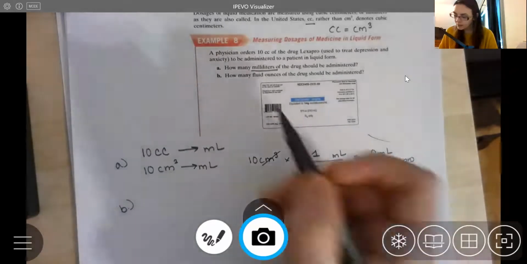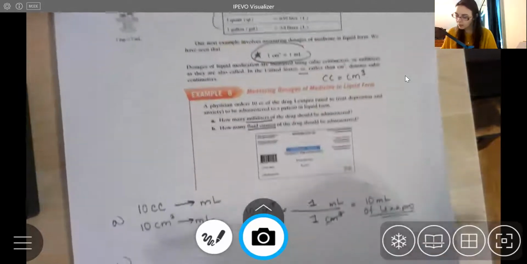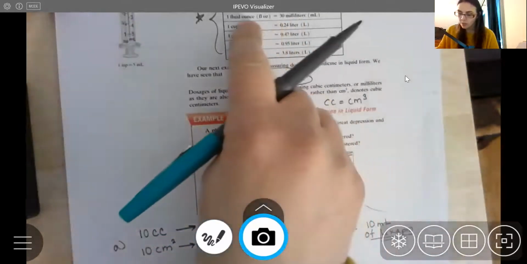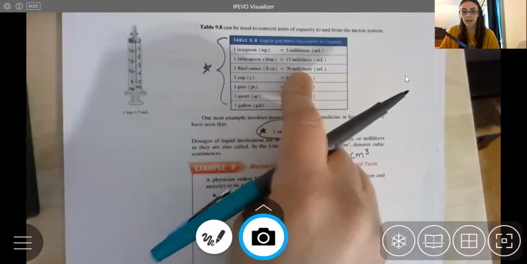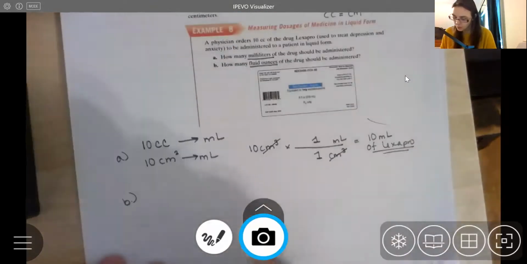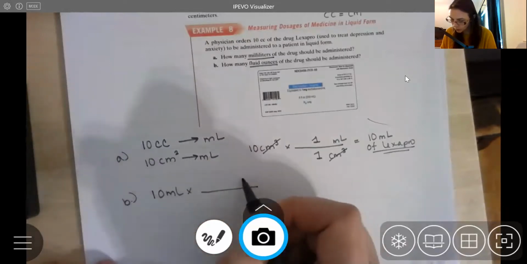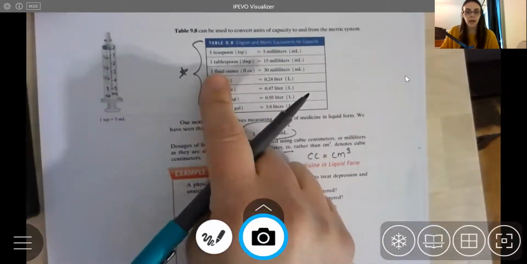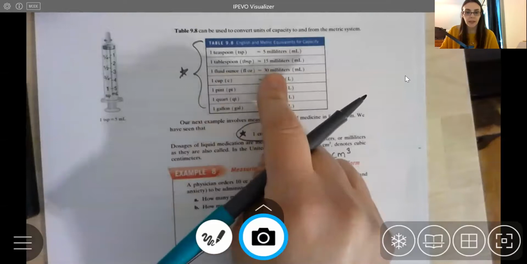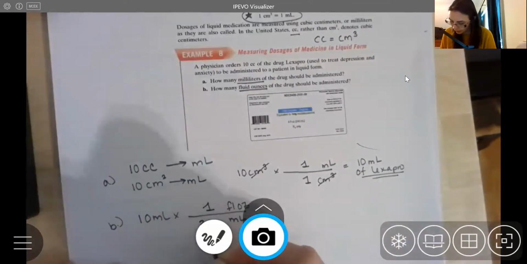Now for B, they want us to figure out how many fluid ounces this happens to be. Again, I'm going to go up here, and I do see I have a conversion for fluid ounces with milliliters. So I can make it a one-step conversion here. I'm starting with 10 milliliters, and I want to go to fluid ounces. I see the conversion is 1 fluid ounce is 30 milliliters.